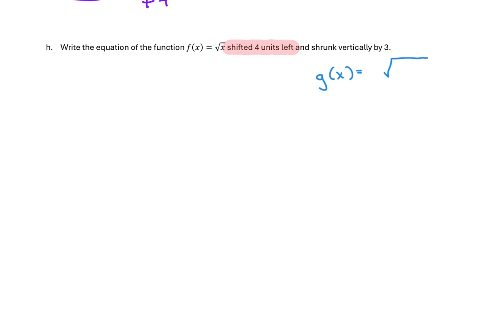Because it says shifted 4 left, this is going to be horizontal. We do the opposite. If we're going to the left, we're subtracting 4, which means that inside my function, I want to rewrite this as x plus 4.